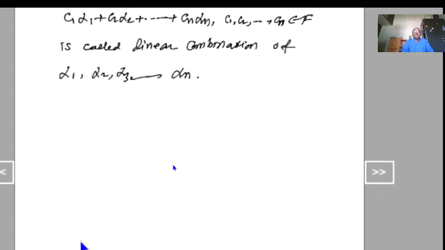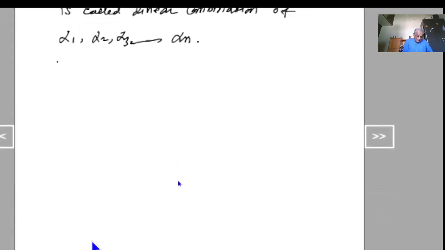Next, I will define linear span. One more definition.